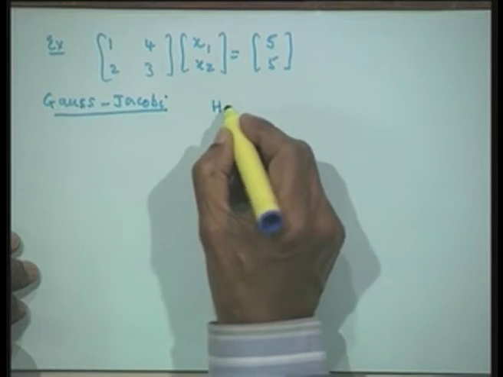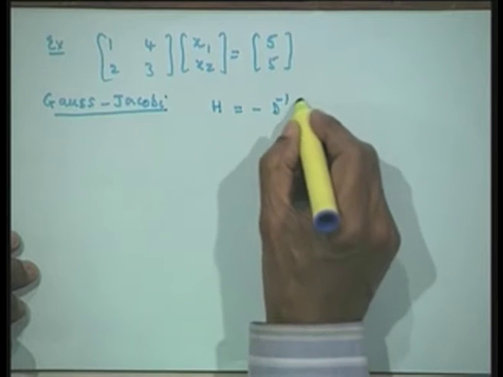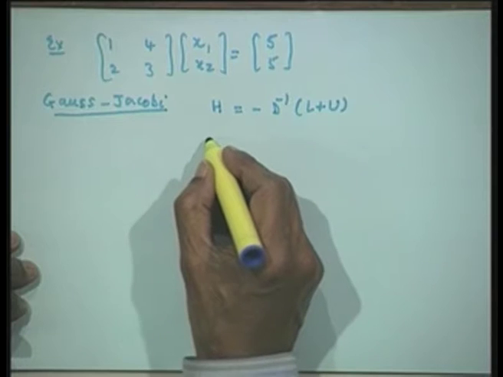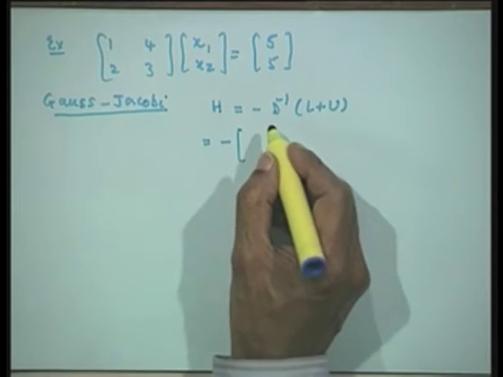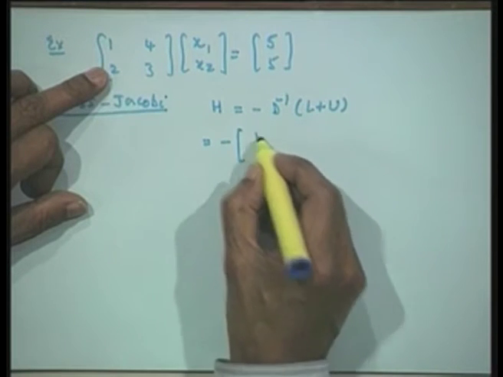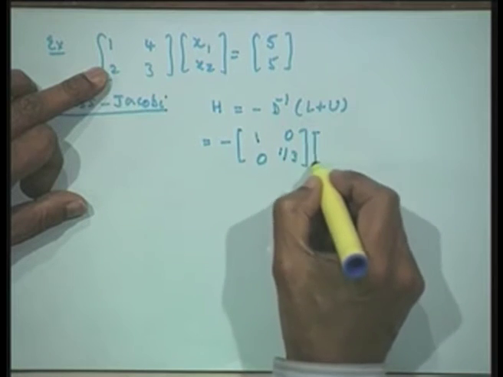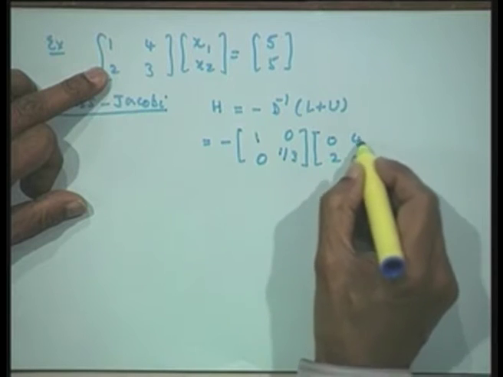So, let us write down H. H will be equal to minus D inverse of L plus U. So, minus, let us do D inverse immediately. D is only 1 and 3, so its inverse will be 1, 1 by 3, 0, and L plus U is 0 4, 2 0.